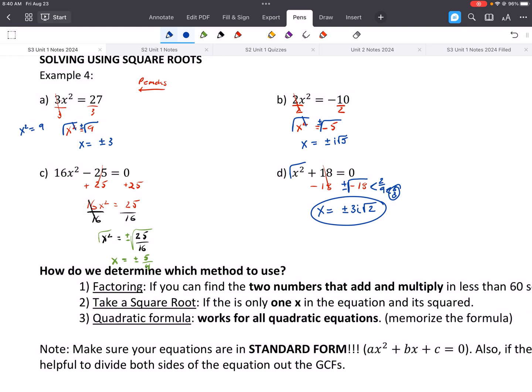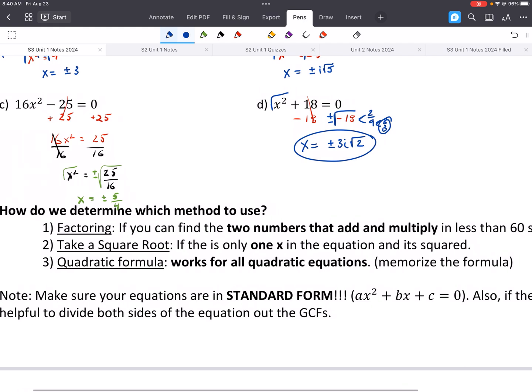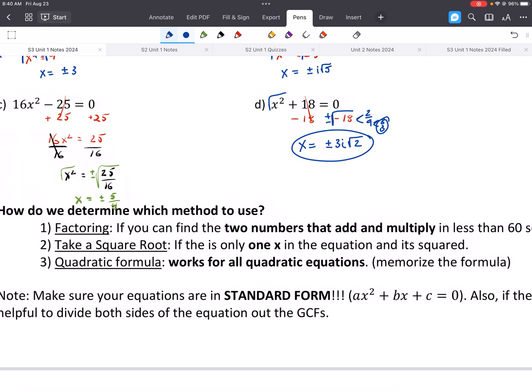All right, so just a quick reminder of what we covered. Factoring works great if you can find the two things that multiply and add. It will save you some time if you can realize that. But don't ever spend more than 60 seconds trying to find the two things that multiply and add, because otherwise you could spend forever trying to do it when you can't even factor it, okay? Square roots work great if there is one x in the equation and it's squared.